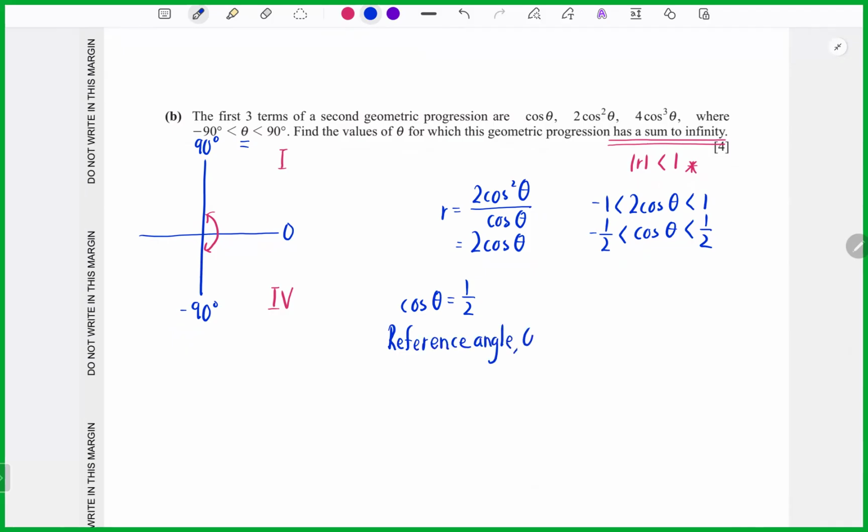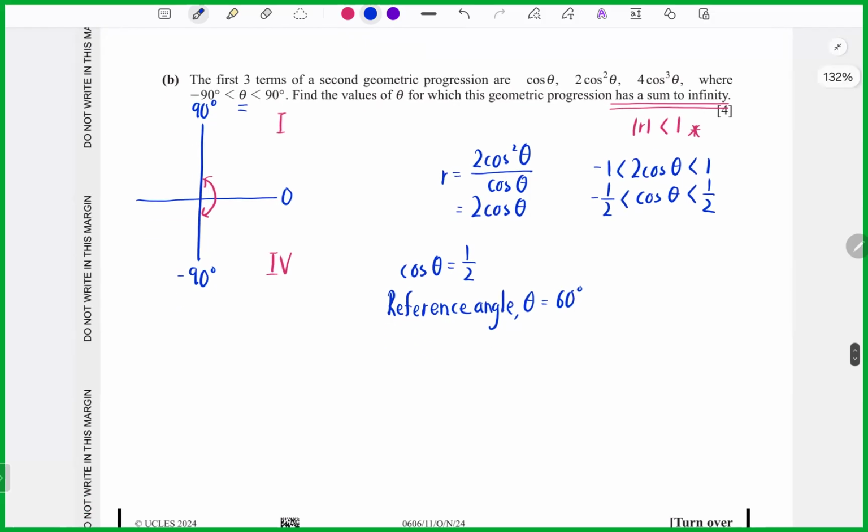Theta equals 60 degrees. For the negative, we need to get the negative values, so how do you get the negative values here?